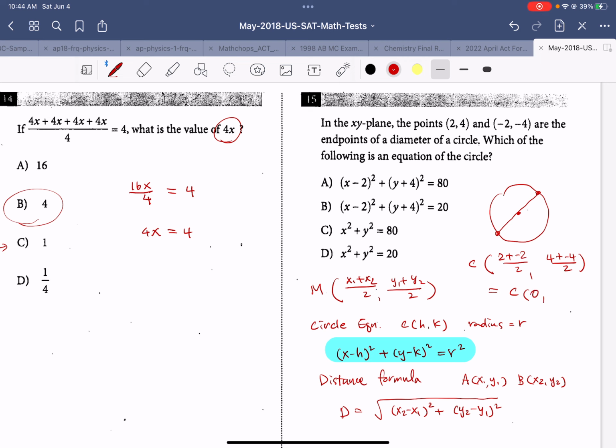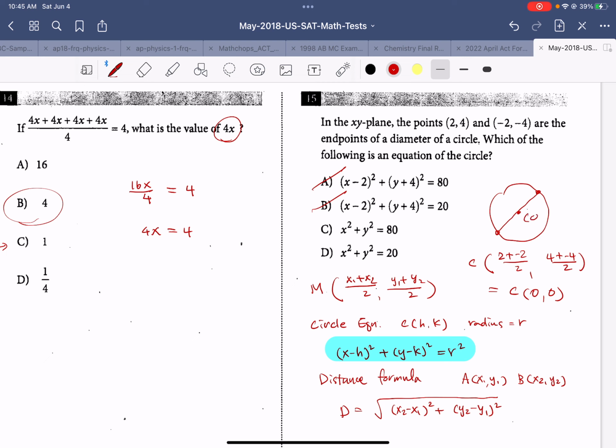So using the distance formula, I'm going to use 0, 0 and here 2 comma 4. So my radius using the distance formula is the square root of (2 minus 0) squared plus (4 minus 0) squared, which is 4 plus 16, so root 20.